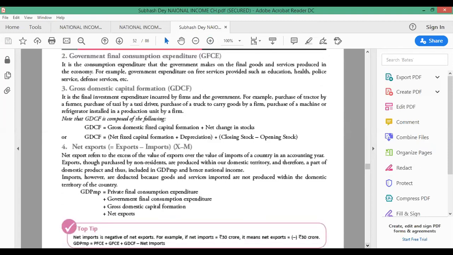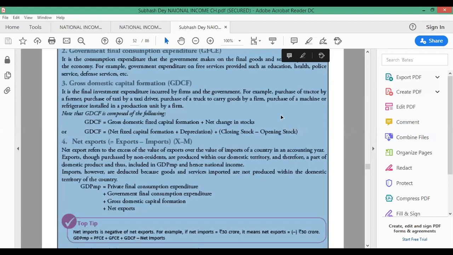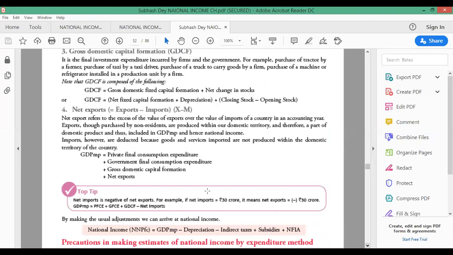Third, gross domestic capital formation, which is made up of two things, gross domestic fixed capital formation and change in stock, right? And fourth, the last, is net exports, which is exports minus imports. This we have just covered.